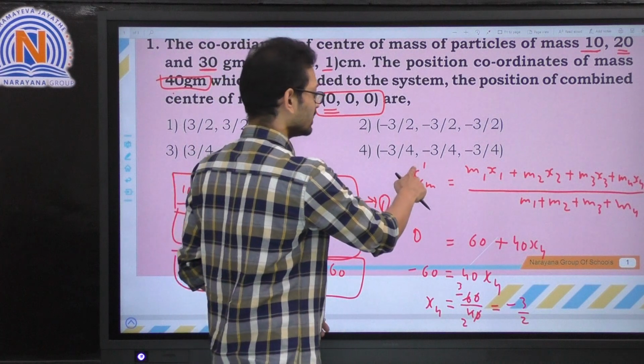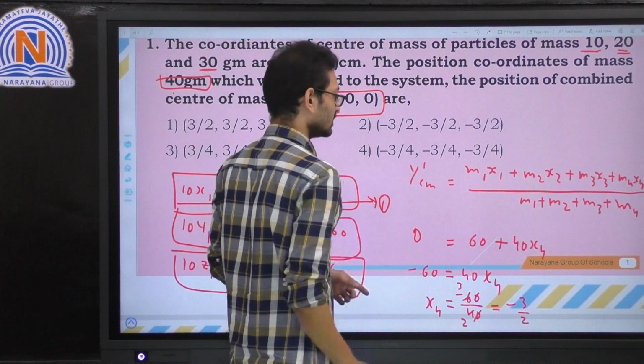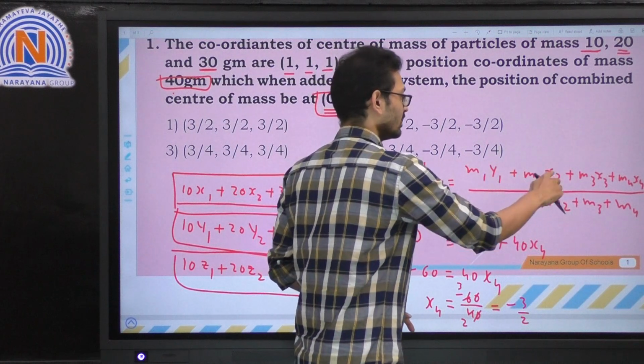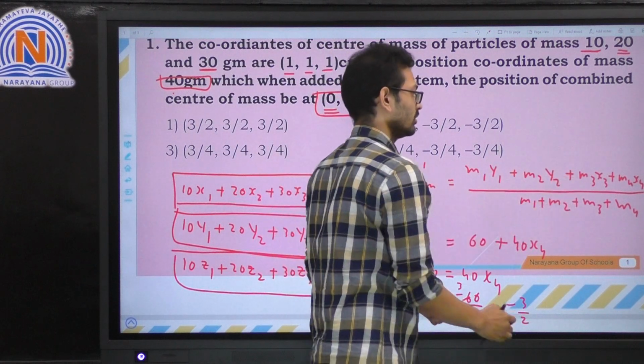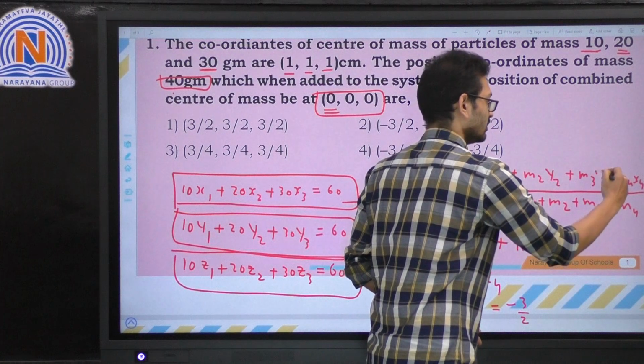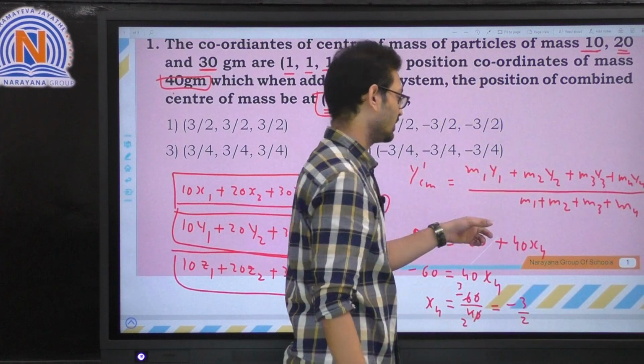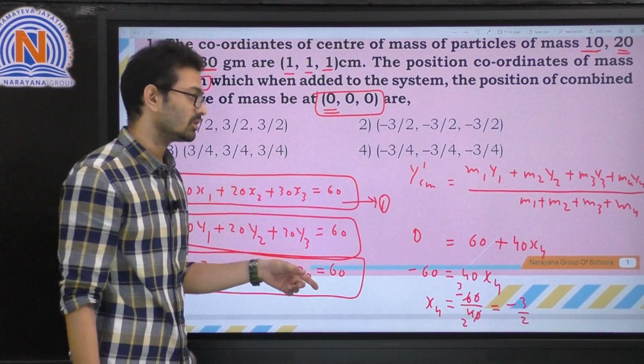Now let us go with the next value, which is y center of mass. Simply for y center of mass, you will just change it to y dash and you will substitute here y1, y2, y3, y4. And what happens over here if you substitute that?